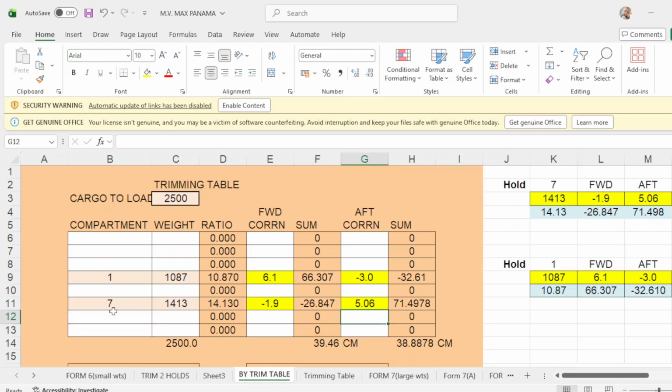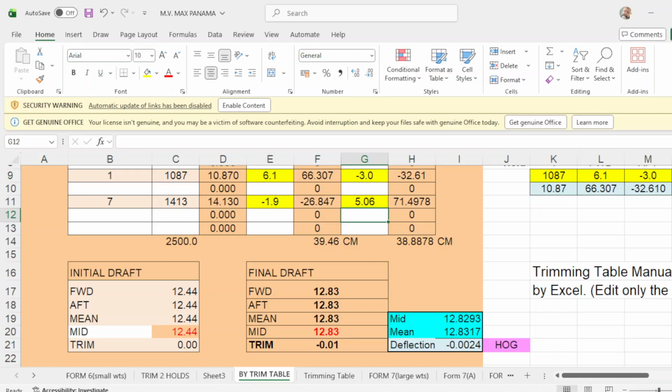Then for 7, also look for the forward correction and aft correction. Apply this correction to your corresponding holds, and the final drop would be 12.83. Even keel, this is 0 trim, and your deflection is 0.